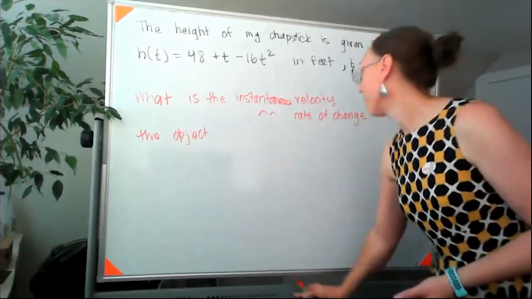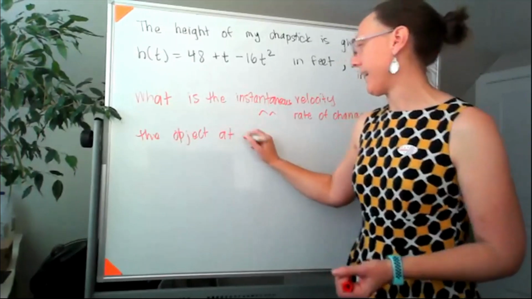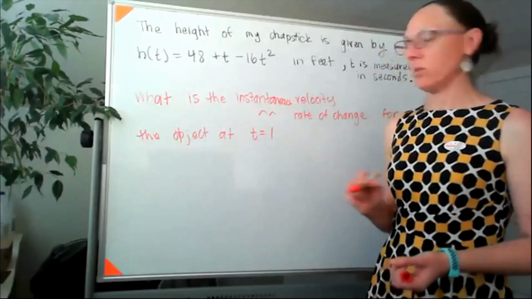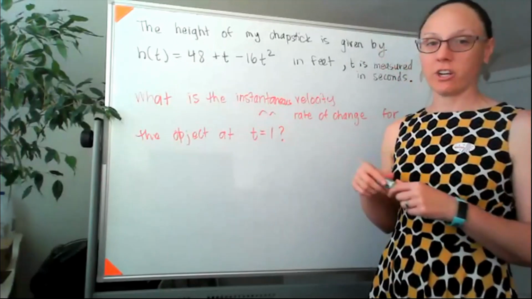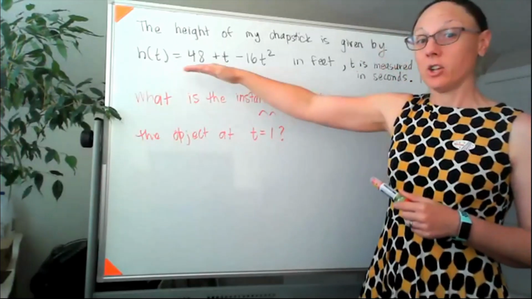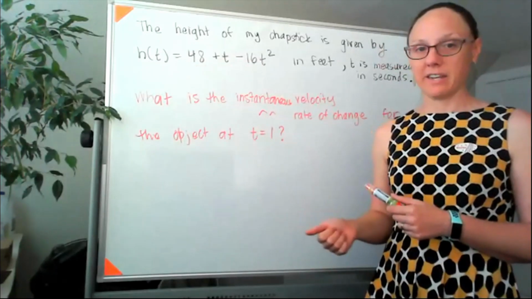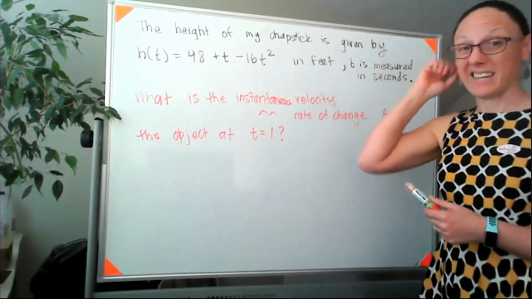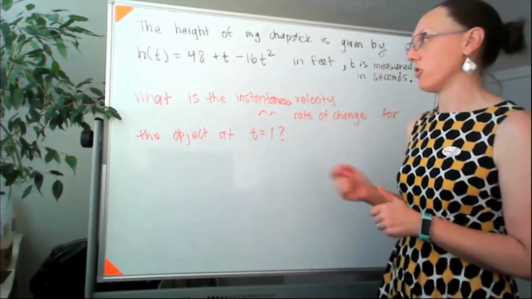So how about instantaneous rate of change for the object at t equals 1? Well, this question is telling me to look at this function, take the derivative, and find the slope of the tangent line, because that tangent line slope is going to tell me that instantaneous rate of change.